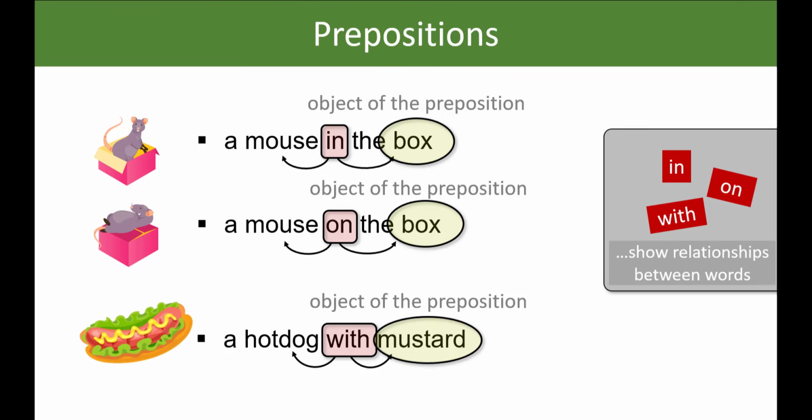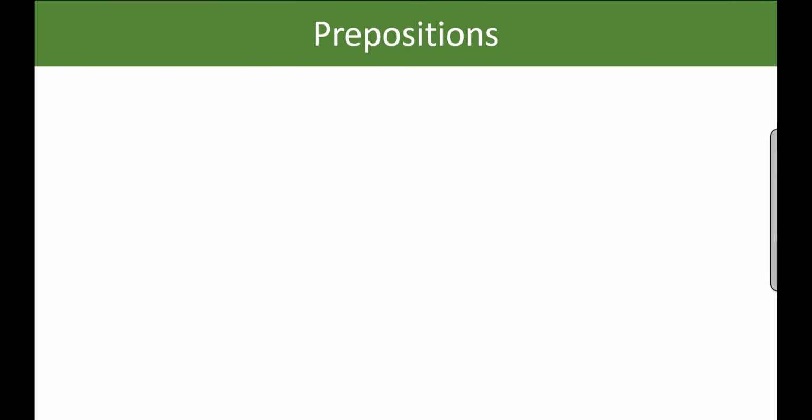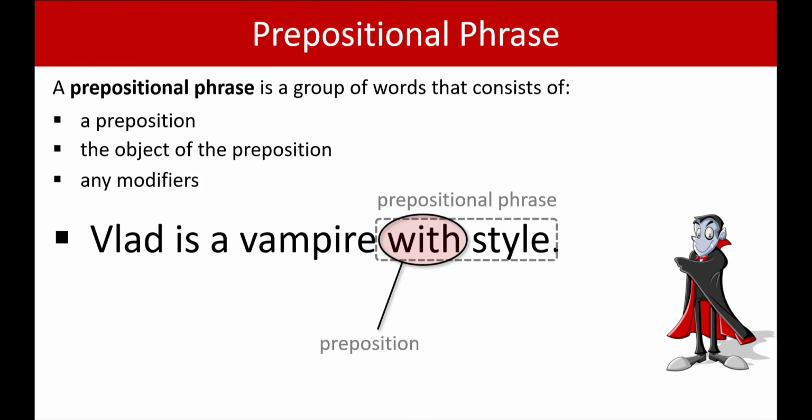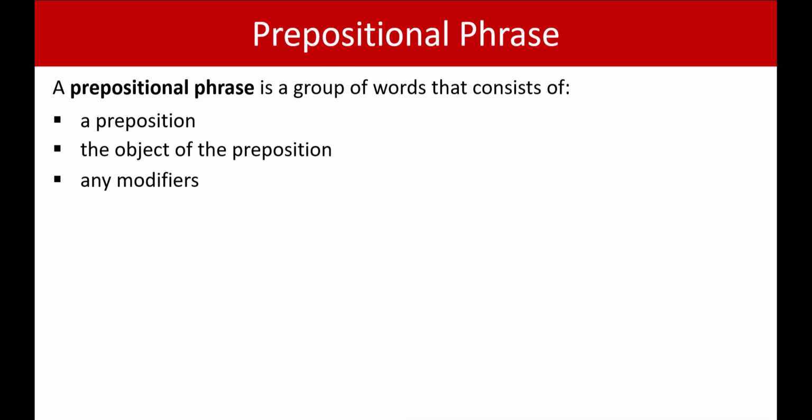Okay, let's get back to prepositional phrases. Vlad is a vampire with style. Let's look at this again. Well, that's our prepositional phrase. This is our preposition, and this is the object of the preposition. Let's look at an example with a modifier.